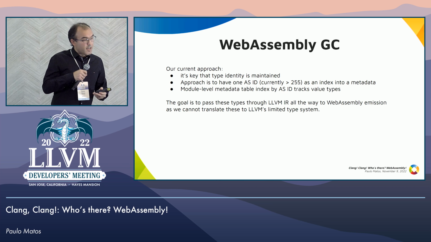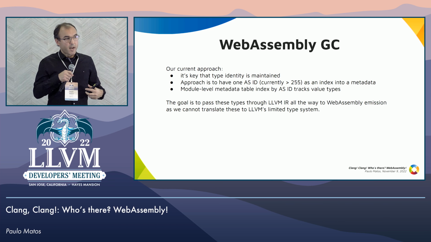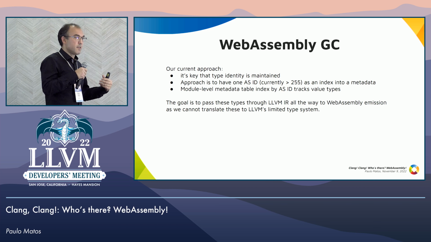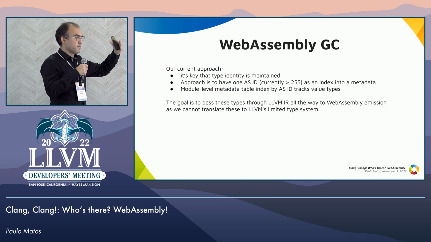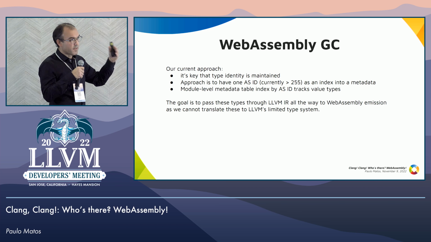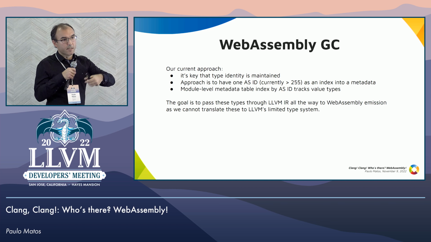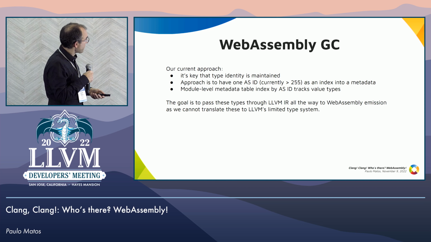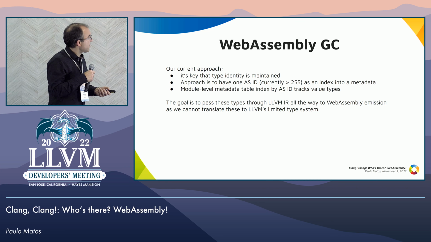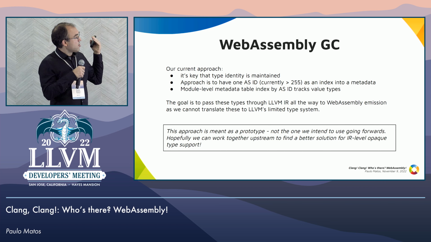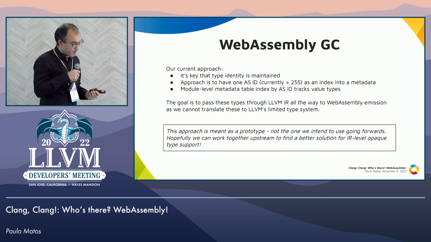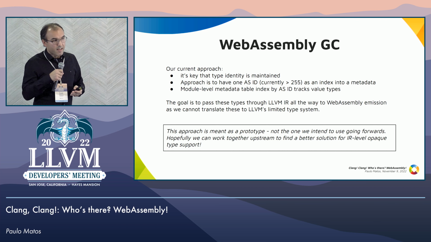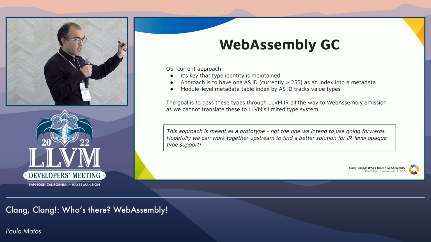So the key property is that we don't lose track of the type of a value. If we define a new struct, and that struct has a couple of fields, and then we have a value of that struct that we're passing around, we need to keep track of that type throughout the backend. And the way we're doing that is we have a metadata table at the module level, and for each canonical type, we're assigning a new address space.